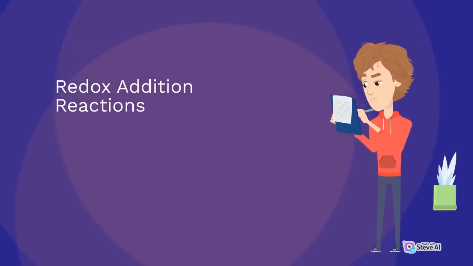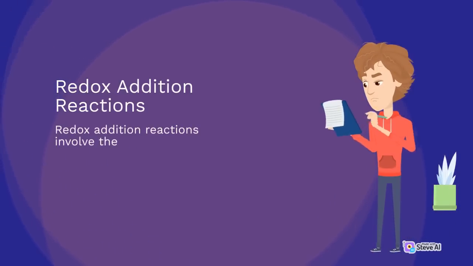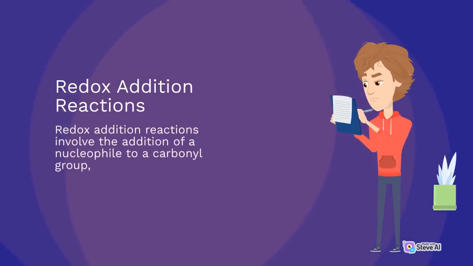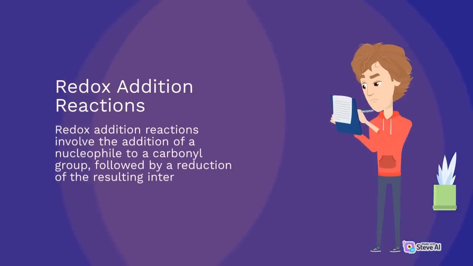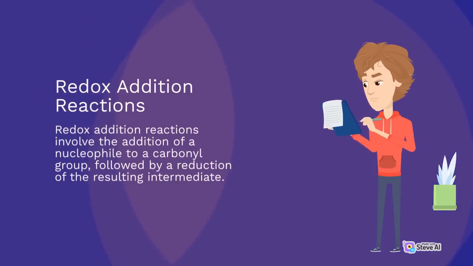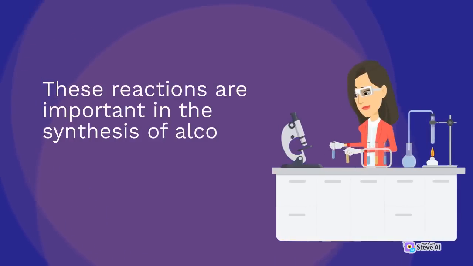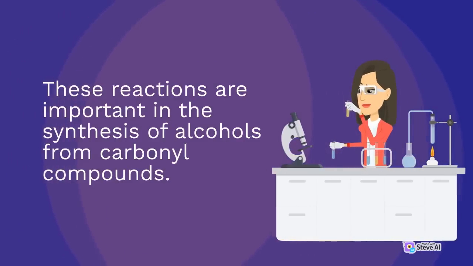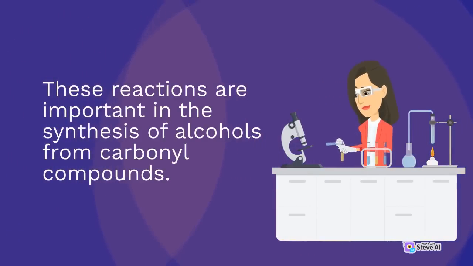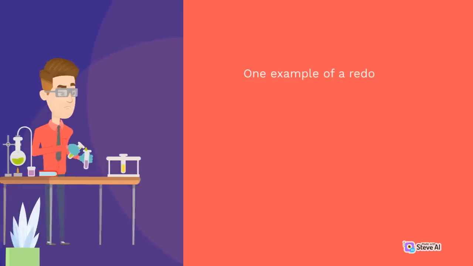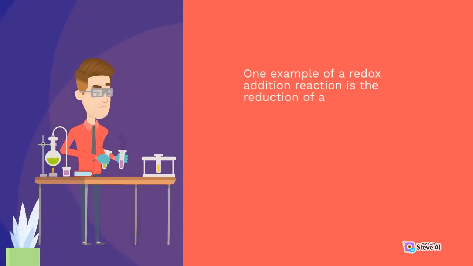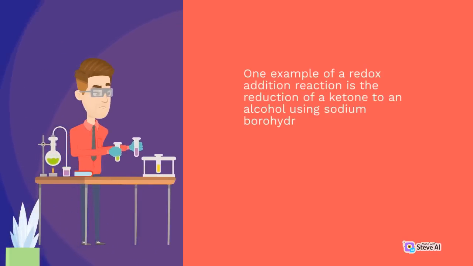Redox addition reactions. Redox addition reactions involve the addition of a nucleophile to a carbonyl group, followed by a reduction of the resulting intermediate. These reactions are important in the synthesis of alcohols from carbonyl compounds. One example of a redox addition reaction is the reduction of a ketone to an alcohol using sodium borohydride.